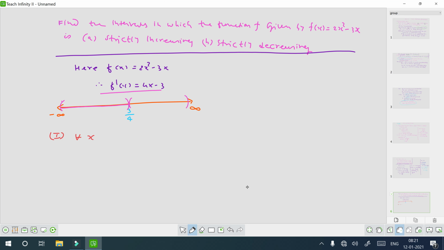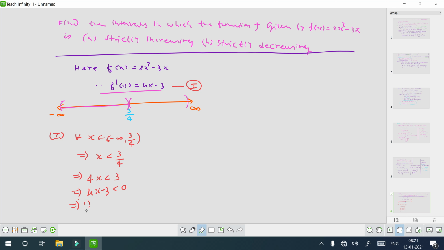For all x belongs to minus infinity to 3 by 4, this says that x is less than 3 by 4. This says that 4x less than 3. This says that 4x minus 3 less than 0. And that is our derivative. Say result number 1.